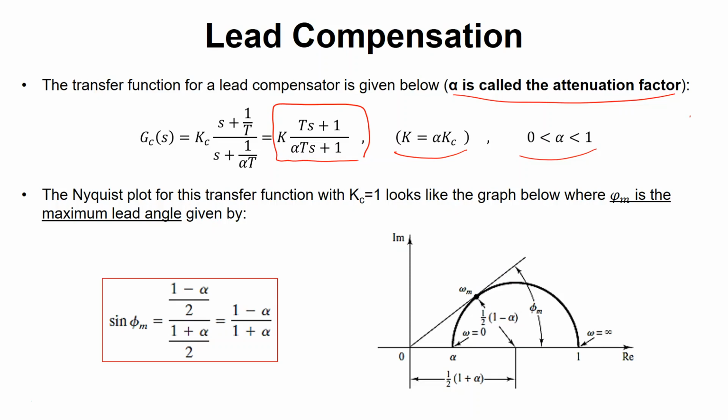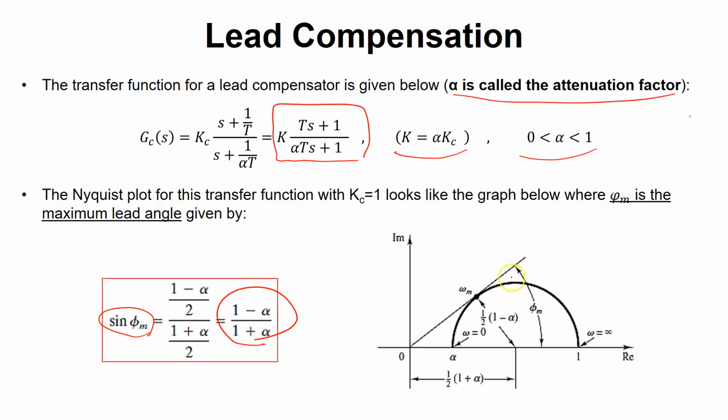How? Sine of the maximum phase contribution is equal to (1 minus alpha) divided by (1 plus alpha), and the proof of that is from this shape that you can see here. But I'm not after proving, so I don't go into showing why this is the case, but you can look at this picture and refer to your textbook if you want to see that. We call phi m the maximum lead angle, the maximum contribution.